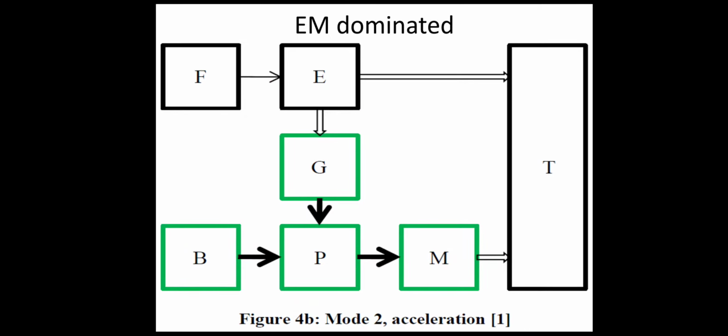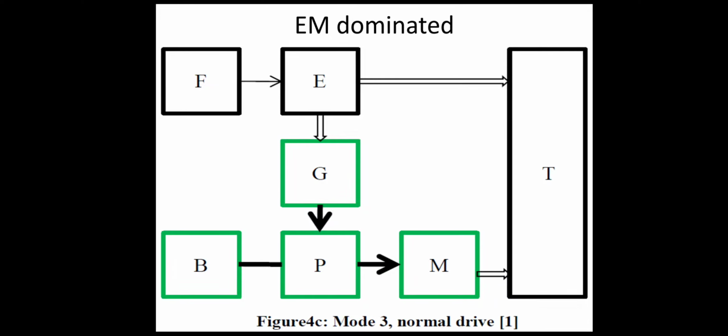In the second mode, during full throttle, both the IC engine and electric motor provide the traction power for driving the vehicle. The third mode is the normal drive. During normal drive, both the IC engine and electric motor provide the traction power, same as in the full throttle mode.